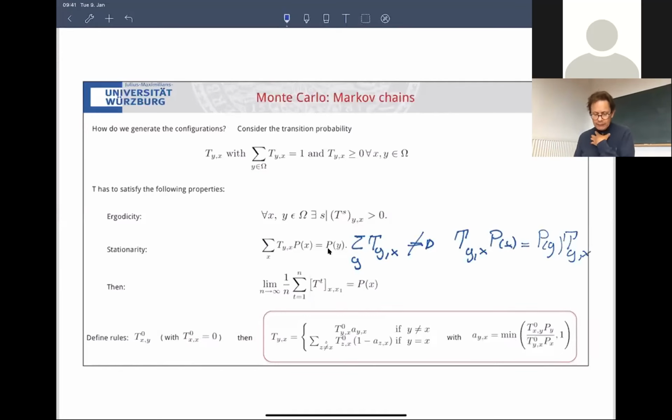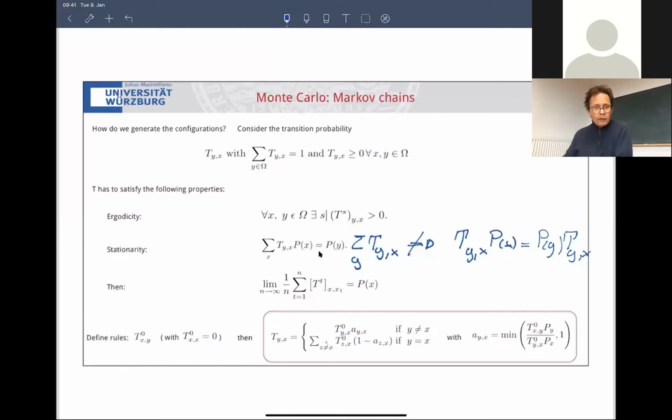So this is detailed balance. If you have detailed balance, good, then you have stationarity. But if you have stationarity, you don't necessarily have detailed balance. In fact, the ALF algorithm, a single spin flip sequential updating scheme, satisfies stationarity, but does not satisfy detailed balance, but that's still perfectly okay.